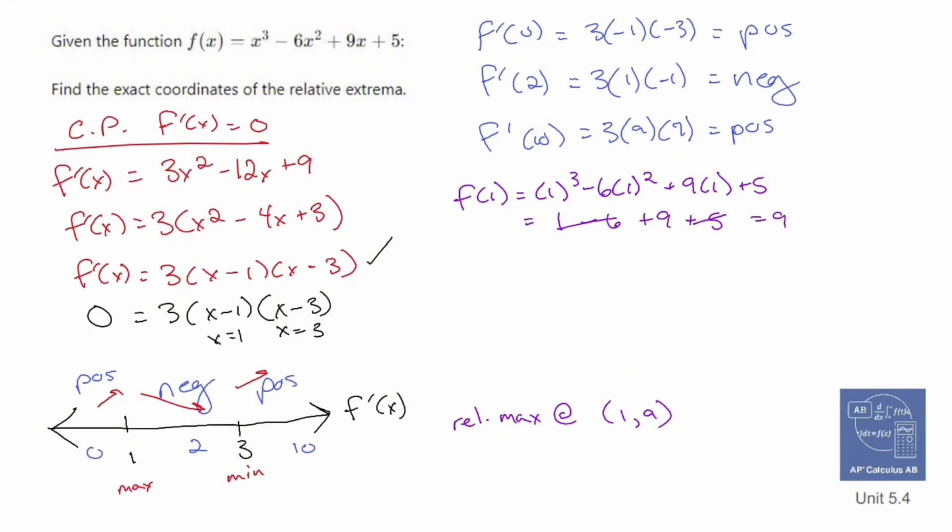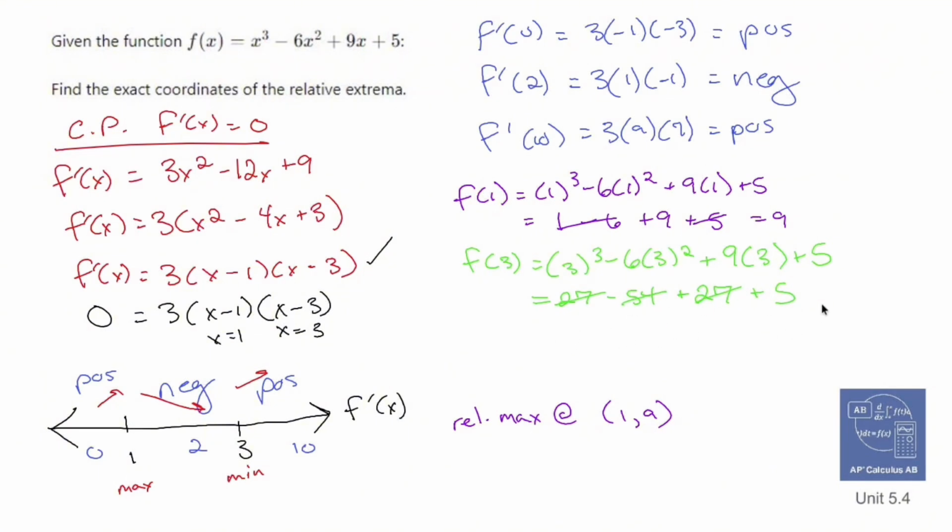Let's plug in 3 to see what our relative minimum is going to be, shall we? F of 3 is going to be 3 cubed minus 6 times 3 squared plus 9 times 3 plus 5. 3 cubed is 27. 6 times 3 squared is 6 times 9, which is minus 54. 3 times 9 is 27 plus 5. 27 and 27 make 54, which means all 3 of these guys cancel out.